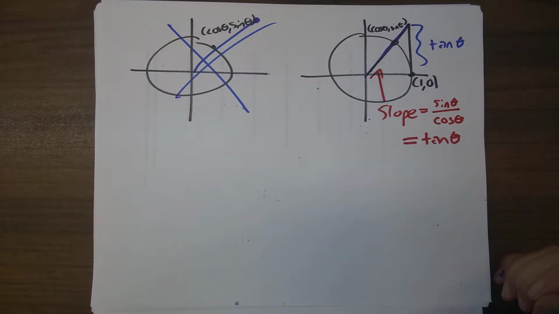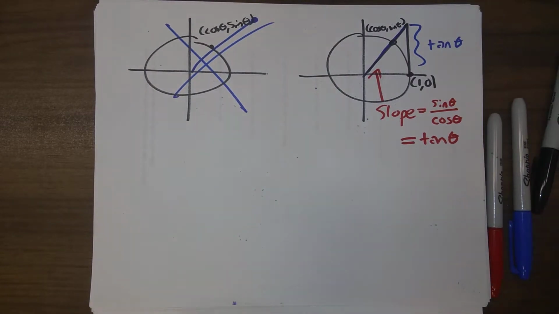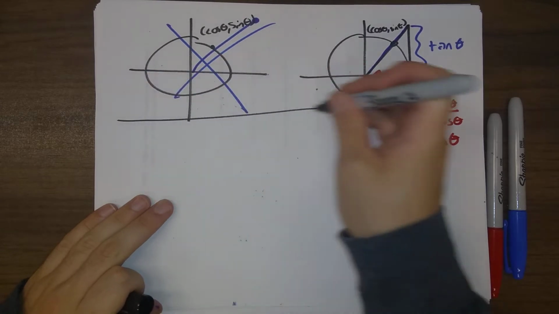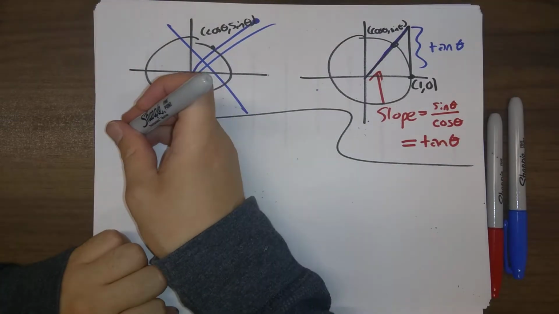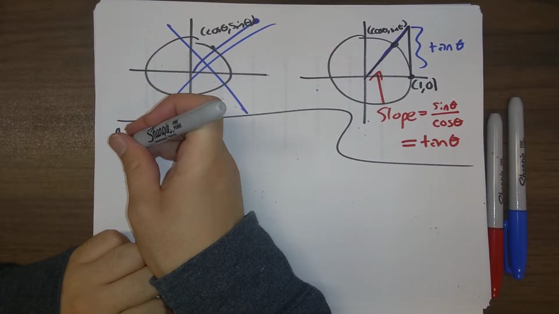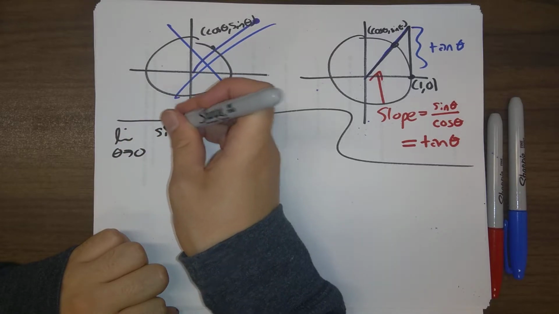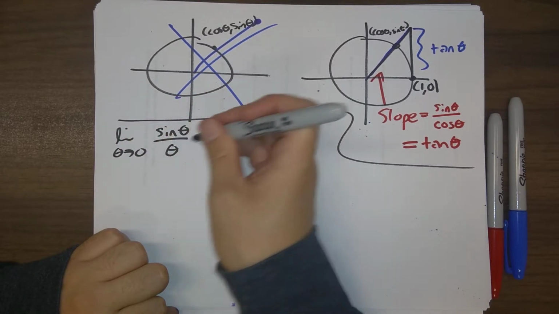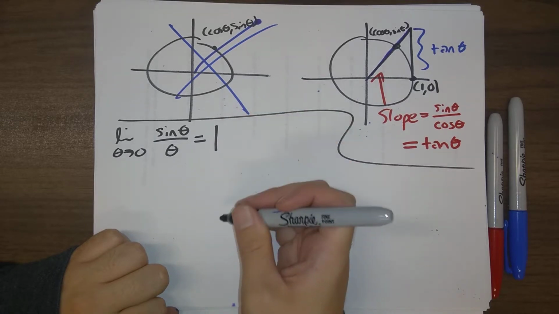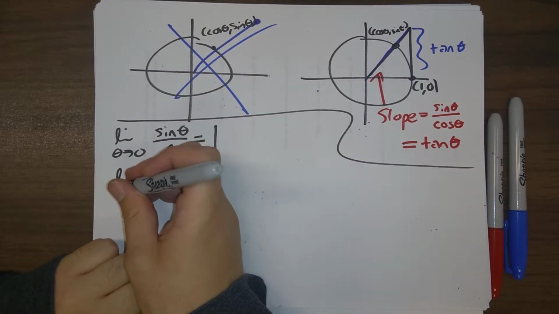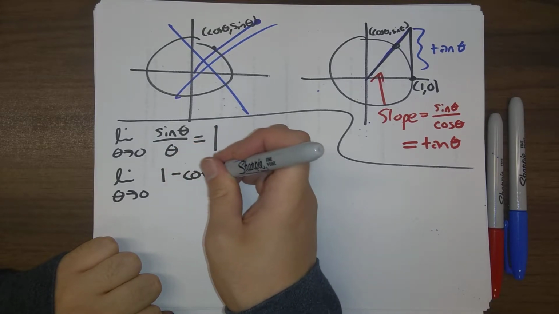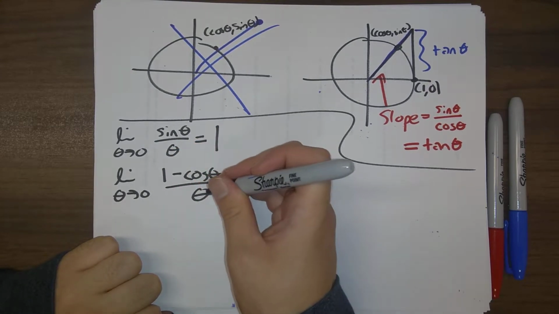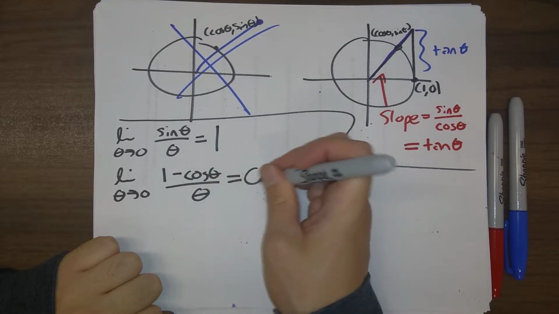The third thing to talk about is that there's actually a second important squeeze theorem limit. So there's two important trig limits. The first is, well, the one that we just have: the limit as theta goes to 0, sine theta over theta is equal to 1. And the second one is the limit as theta goes to 0 of 1 minus cosine theta over theta is equal to 0.